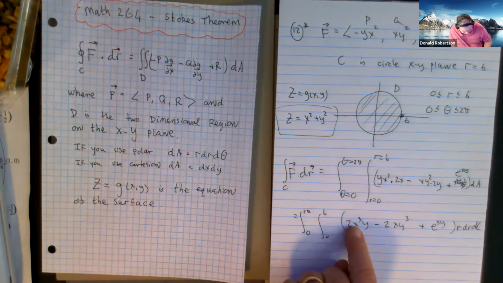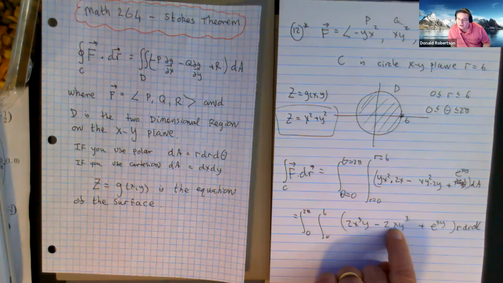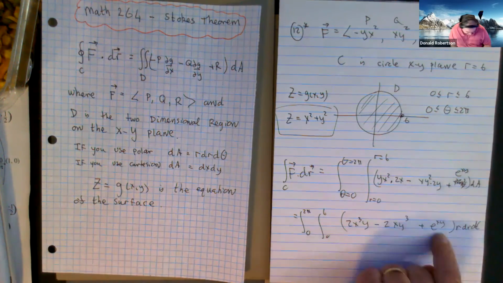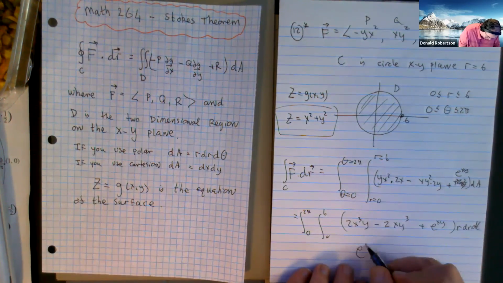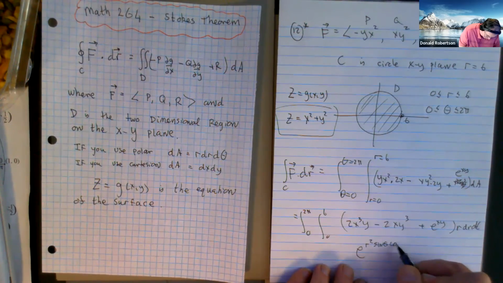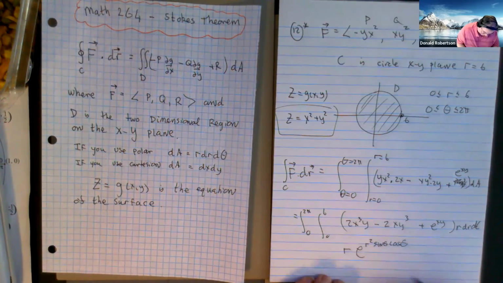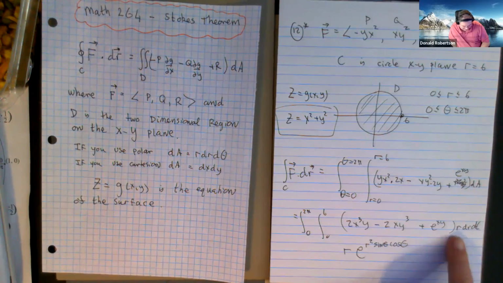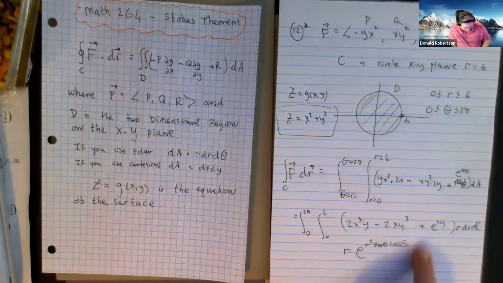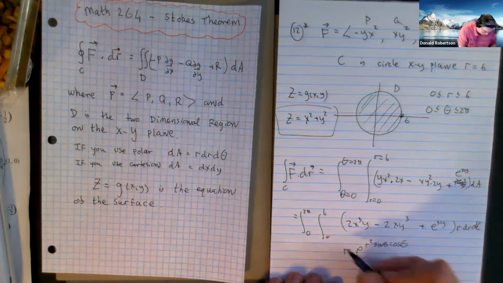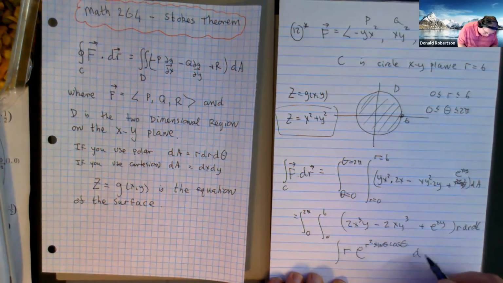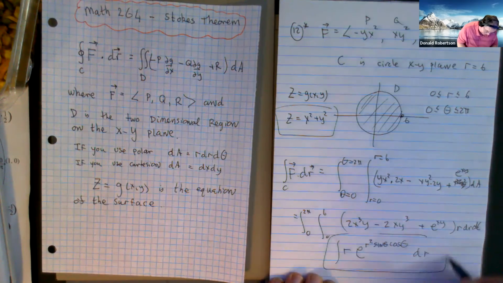Would you agree that's just going to be an ugly r in cos and sines, and that guy is going to be really weird? When you bring in the r and you do the xy, you're going to get that. That's the one you're going to have fun integrating.